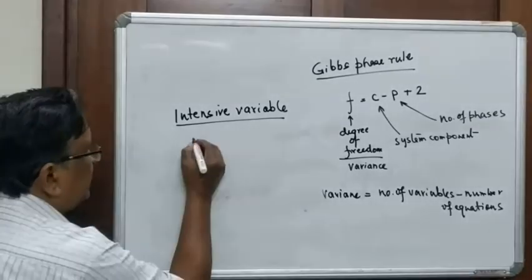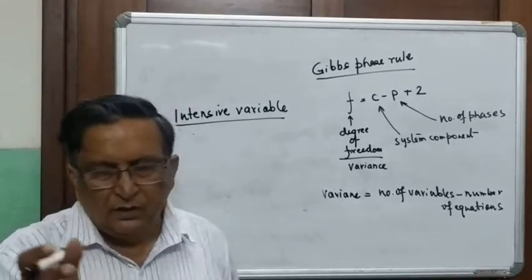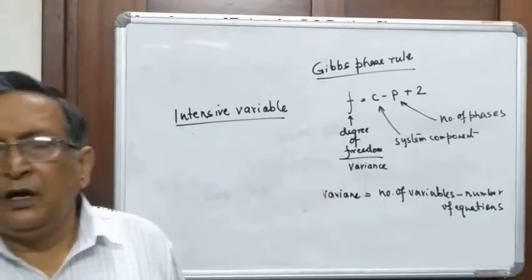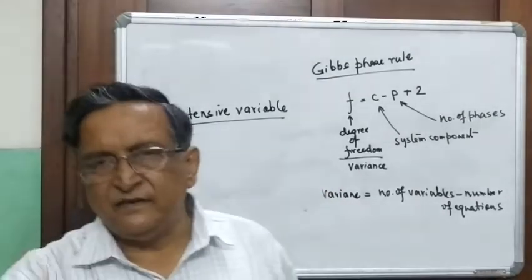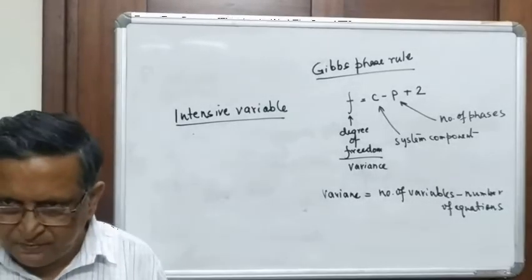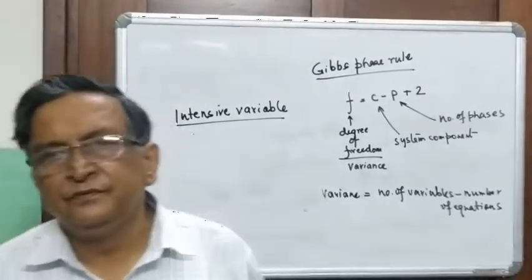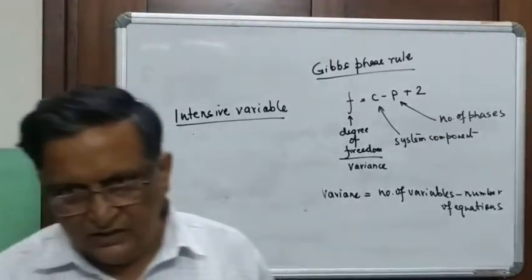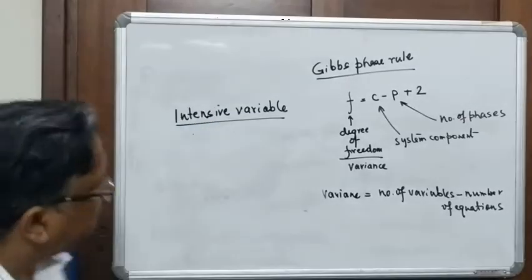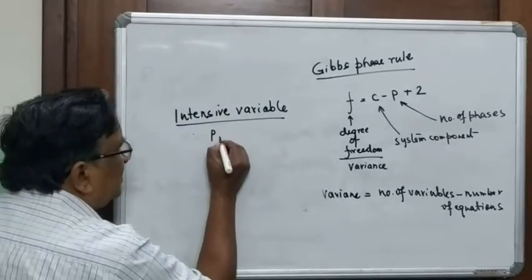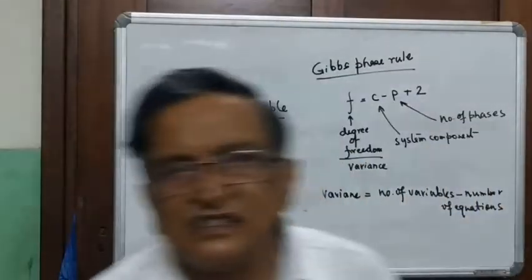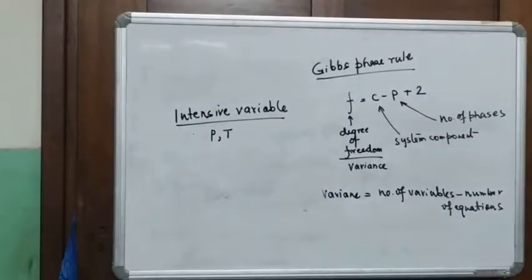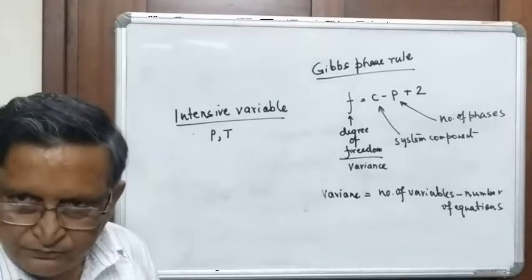Say, for example, refractive index, not metamorphic petrology, and specific gravity. They don't depend on the mass. Similarly, pressure and temperature, they don't depend on the mass of the substance.